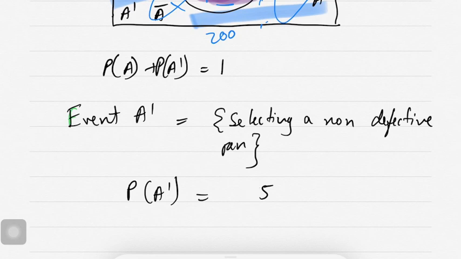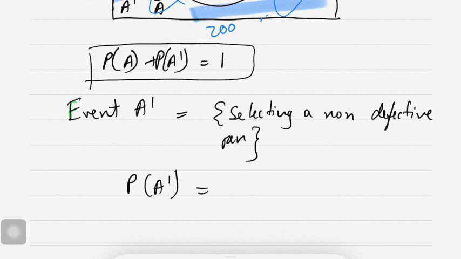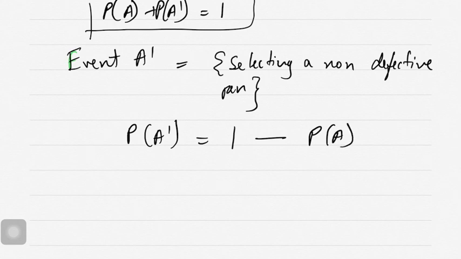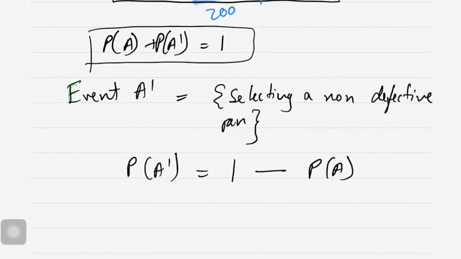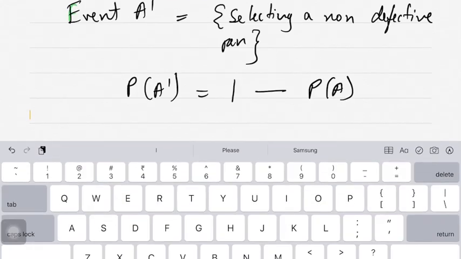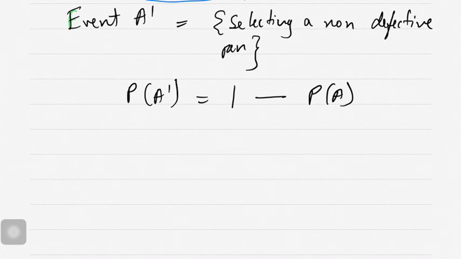Correct? No, sorry. I'm not writing 185, because from this formula, I can say that P of A dash will always be 1 minus P of A. What I did is, I have taken P of A this side, then it will become minus P of A. Right?